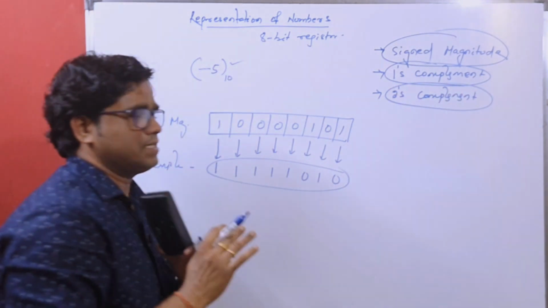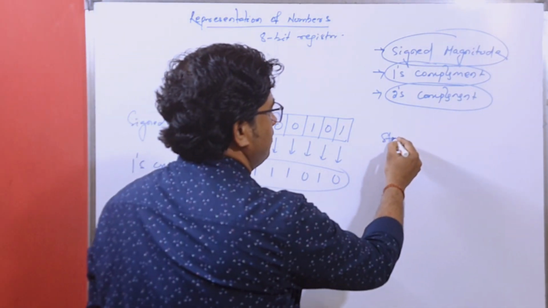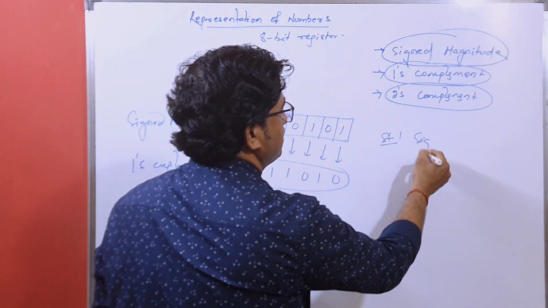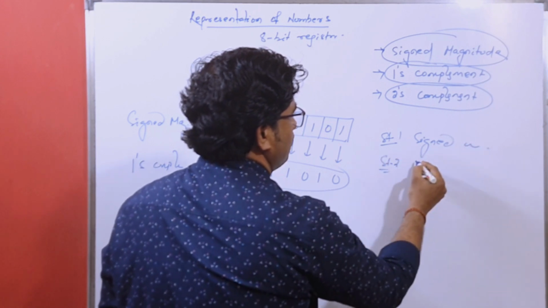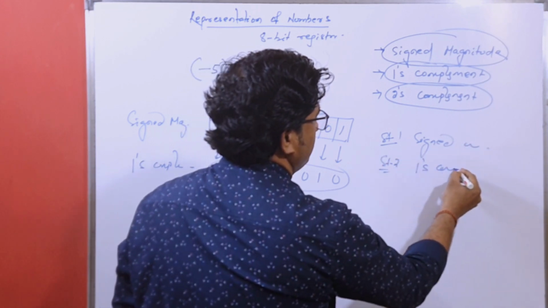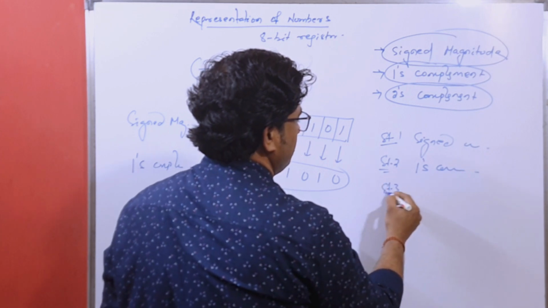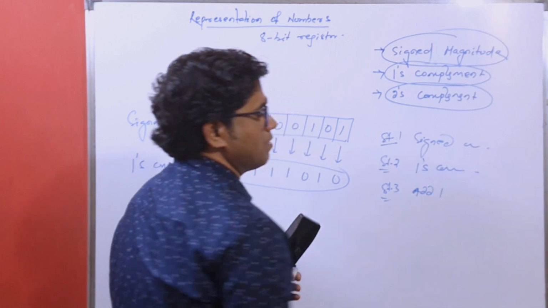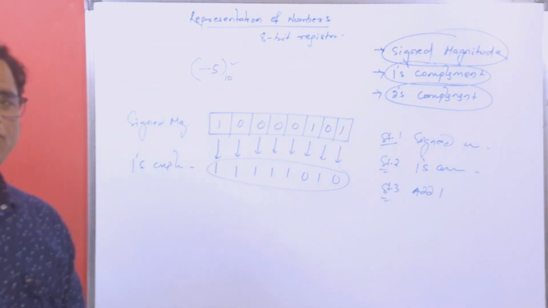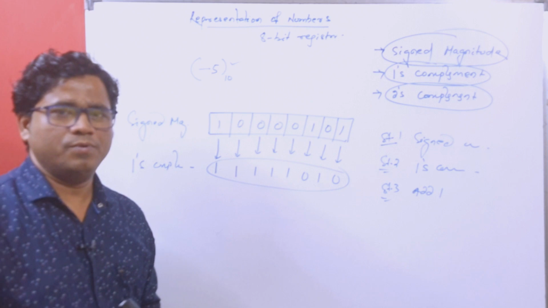Now come to the 2's complement. 2's complement means the same process. In step 1, find the sign magnitude representation, in step 2 you find the 1's complement, and in step 3 you simply add 1 to the 1's complement result. That will be equivalent to the 2's complement of the number.